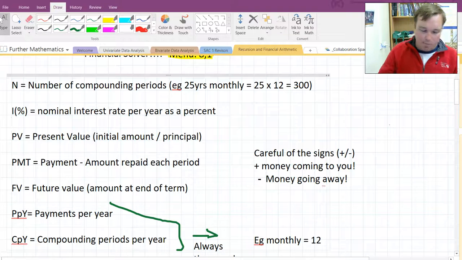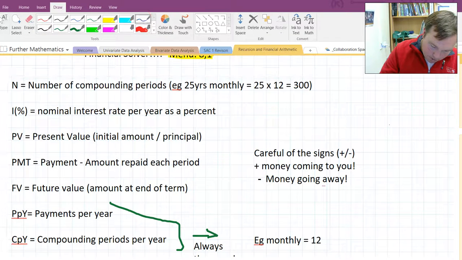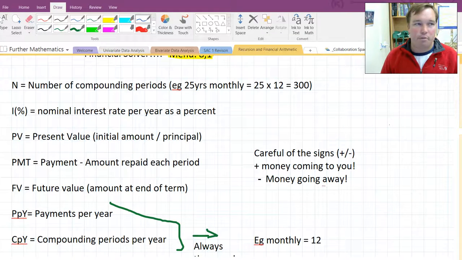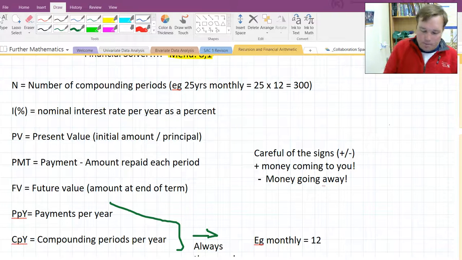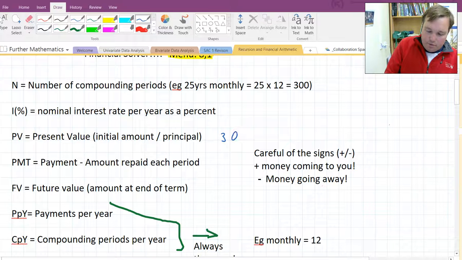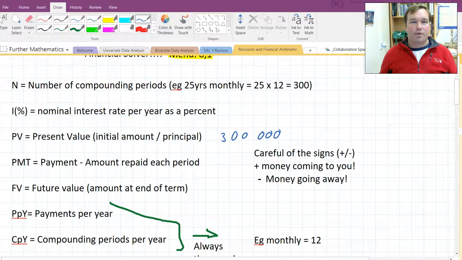So, another example would be, let's say I borrow $300,000, paid off in monthly repayments of $2,500, and at the end of the period, I have no more mortgage to pay off. The present value is positive $300,000. The reason is because when I took out a loan of $300,000, I effectively received $300,000.